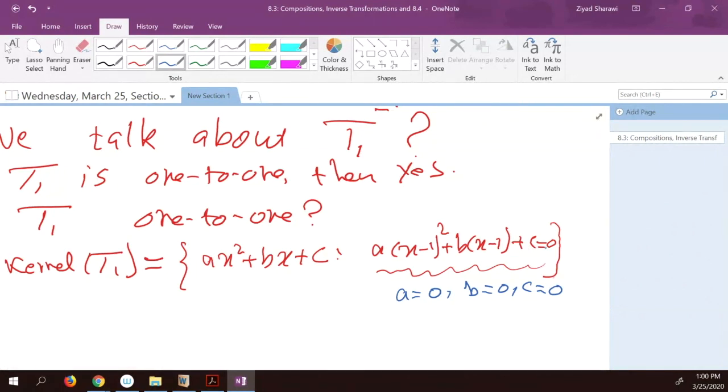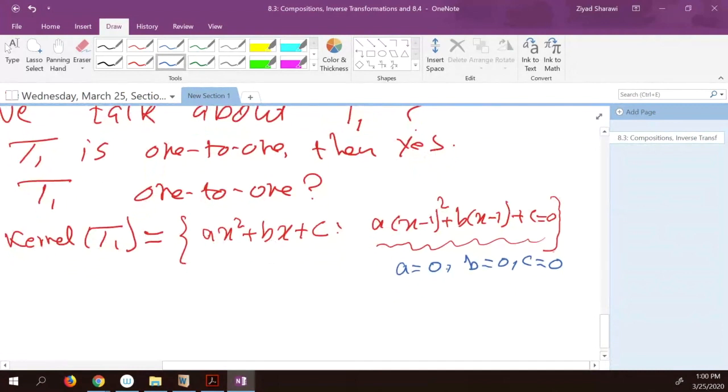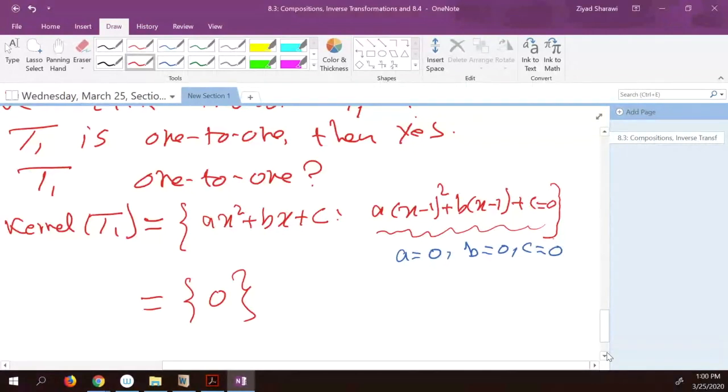Saif, we are waiting for you. Where are you? Okay, so a equals 0, b equals 0, c equals 0. And in this case, it means this is the 0 polynomial, and it means the kernel is the trivial subspace. All right, okay. So this is your kernel. The kernel is the 0 subspace.